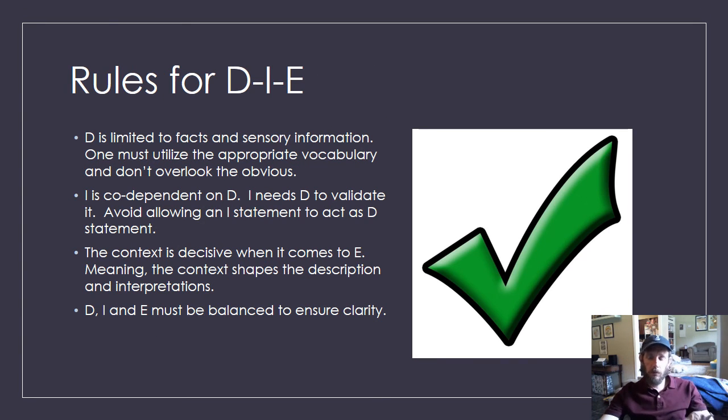So here's what you want to do, right? When I ask you to use DIE, remember that D is simply facts and sensory information. All right, never overlook the obvious.